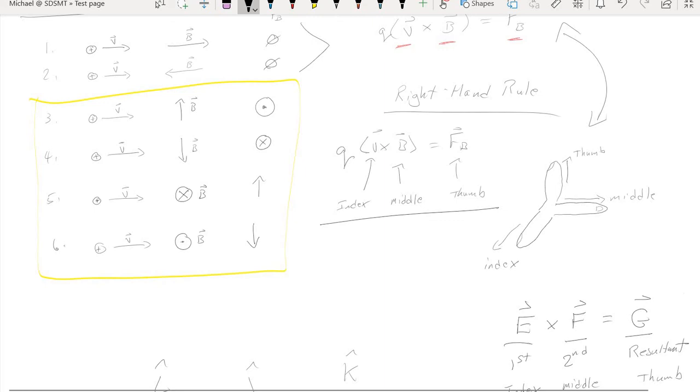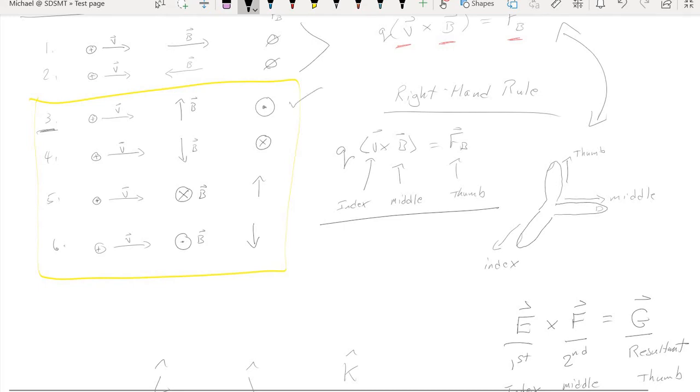So for case 3, I have my velocity pointing to the right. I have my field pointing up. The only direction that my thumb can point without me breaking one of my fingers is out of the page towards me.